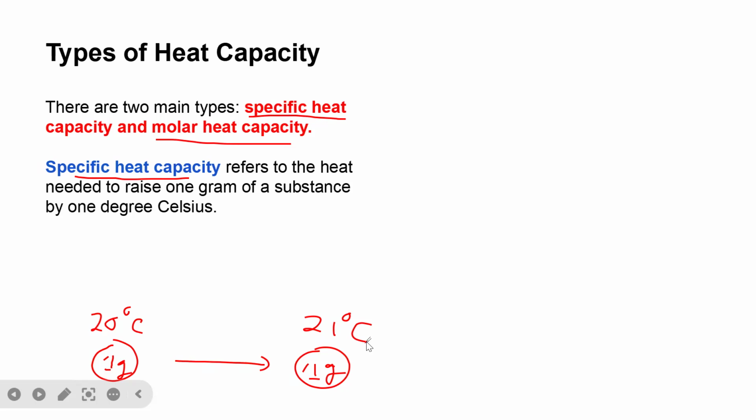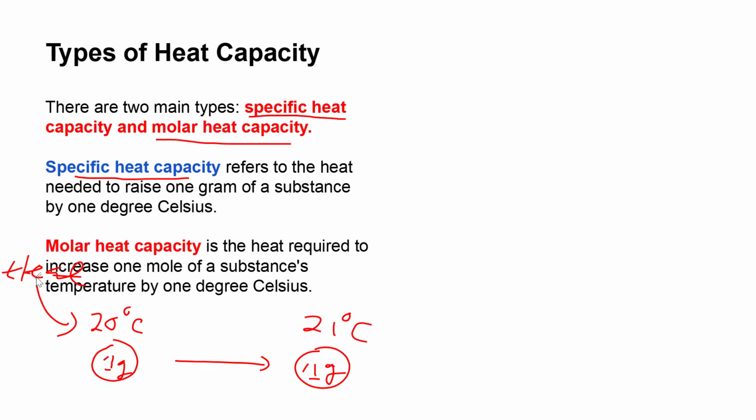So this is a typical example. You have 1 gram of a substance, initially at 20 degrees centigrade, and when the substance is heated, the temperature changes from 20 to 21 degrees centigrade.